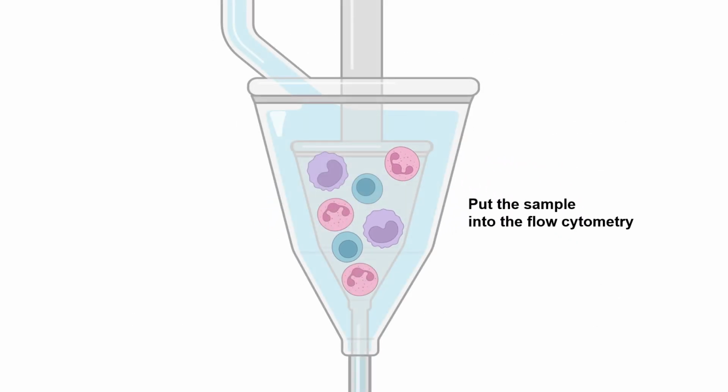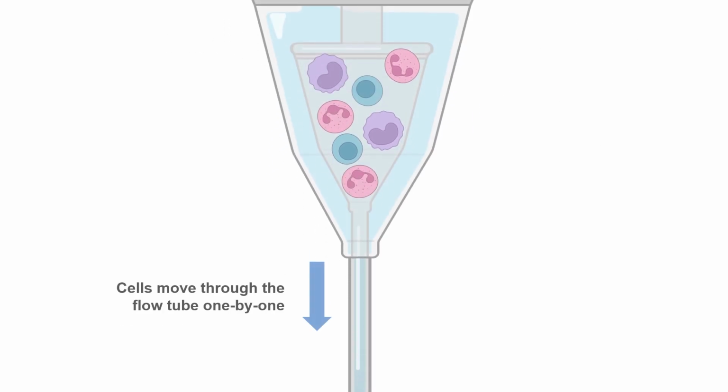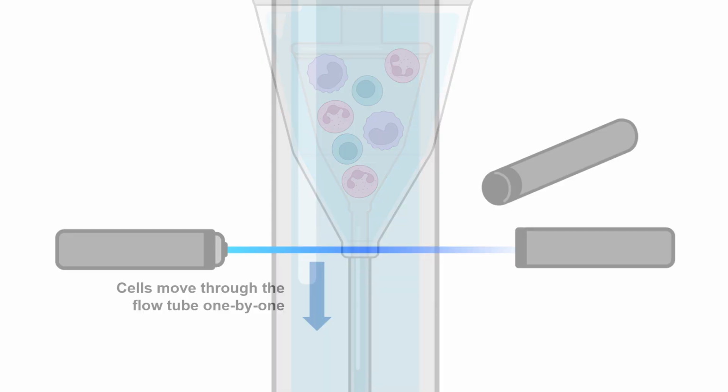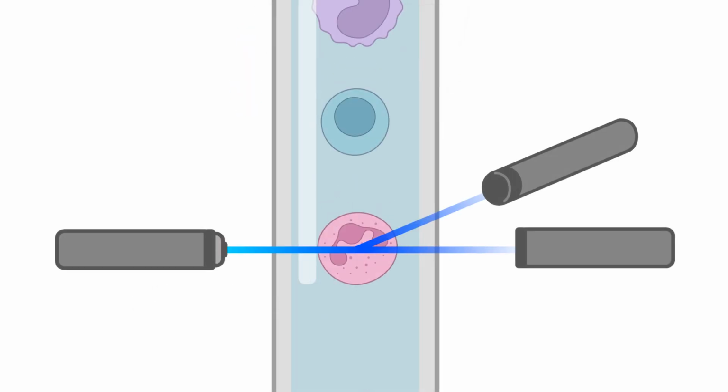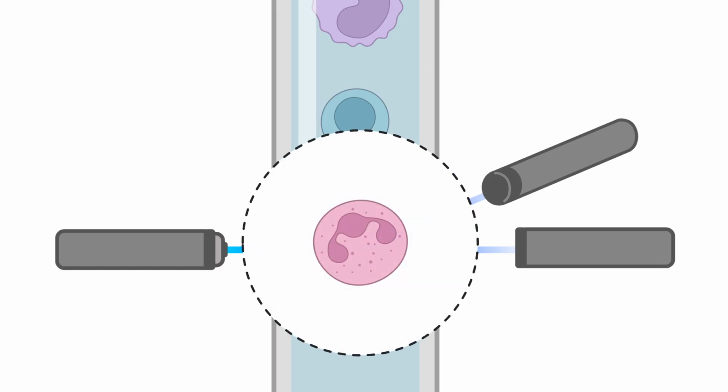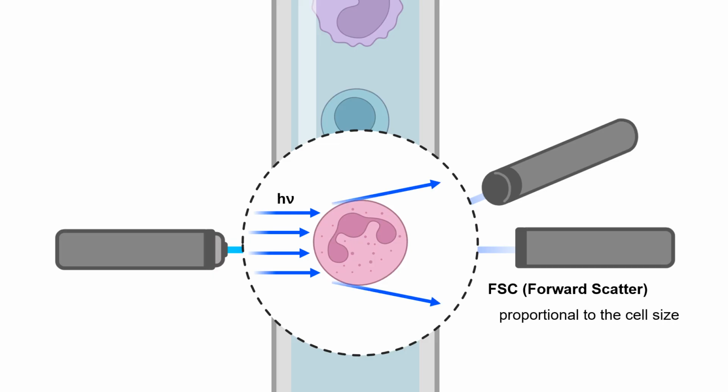The cell mixture can pass through the tube, and one by one the cells flow and emit scattered light. Let's say this cell interacts with the incident blue light. There are two kinds of signal we can detect. One is the forward scattering signal, and usually this signal is proportional to the cell size.